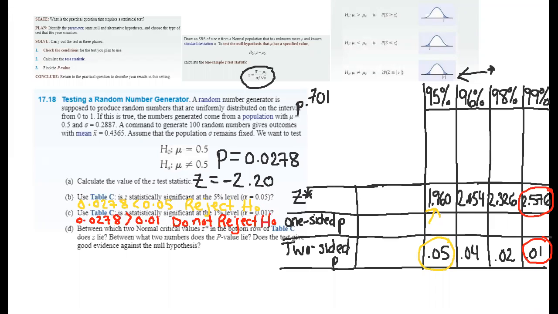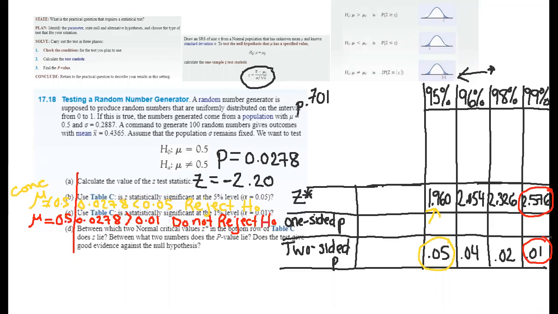So in the first one, we concluded that mu probably is not 0.5, right? That was our conclusion. And in part C, our conclusion was that mu is 0.5, right? And so what we're getting is that with a 5% level, we are statistically significant, but at a 1% level, we're not, right?